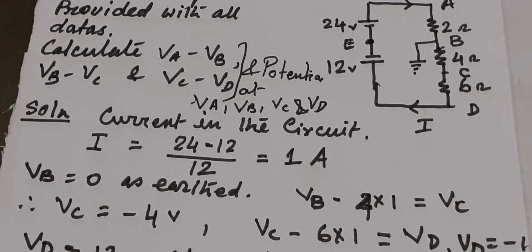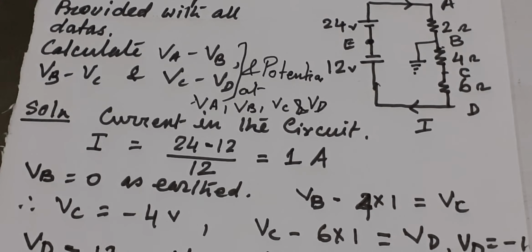VA minus VB will give us straightforward how much current is passing, 1 ampere, through which resistance it is going, 2 ohm. So 2 into 1, that means potential drop VA minus VB will be 2 volt.